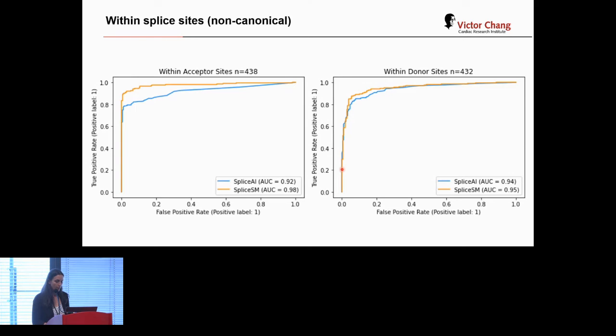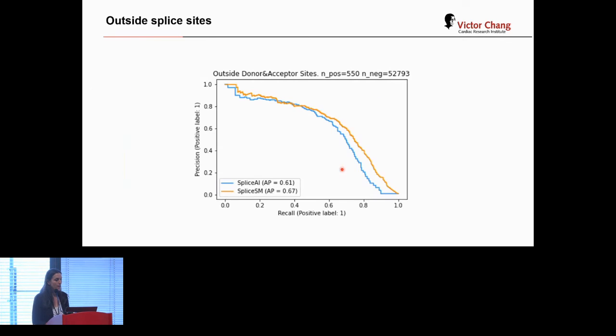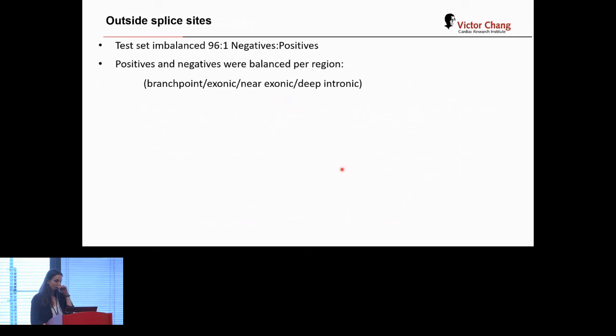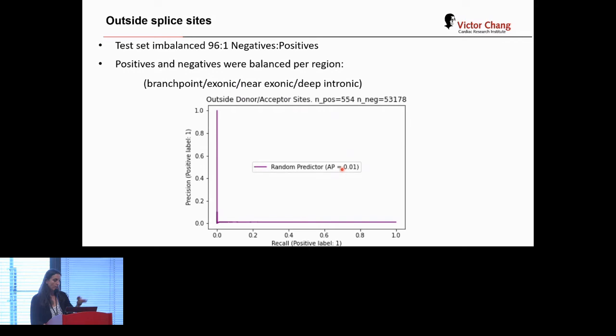And we have removed the canonical sites because it's not trivial to predict. But we also do better outside splice sites. And for these sites, I should say that we use an imbalanced set to depict more of what we see in reality. And actually, a random predictor would do really, really badly.